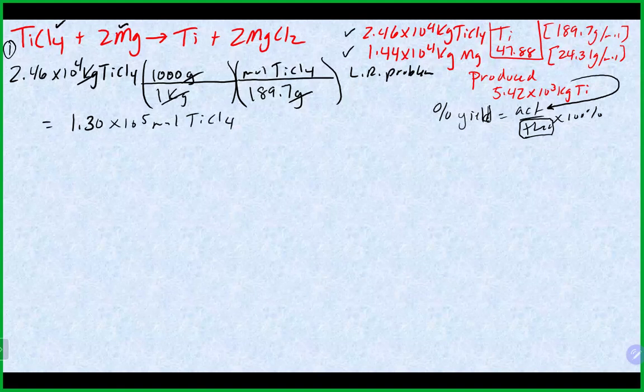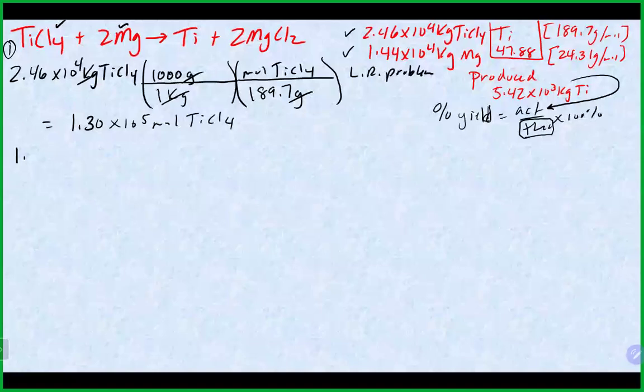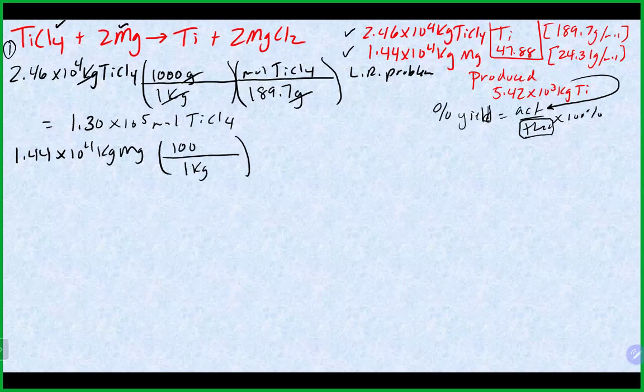We'll do a similar calculation for our other reactant, which happens to be in kilograms as well, 1.44 times 10 to the 4 kilograms of magnesium. Again, first converting our kilograms into grams so that we could use our molar mass properly, which was also given to us here, 24.31 grams per mole. Kilograms cancel, grams cancel, leaves us with moles.